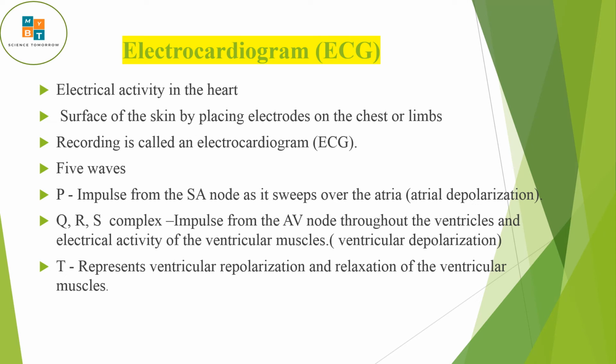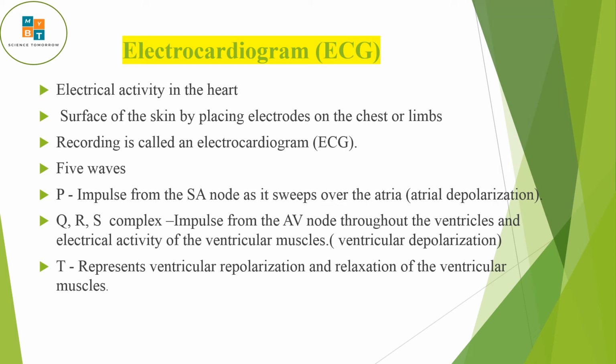the minimum difference is there. And the T wave represents the ventricular repolarization. That means you again get the normal situation for the ventricle, and this will show as a relaxation of the ventricular muscle. The relaxation of the atria is not represented separately because that is happening at the same time as the QRS complex.